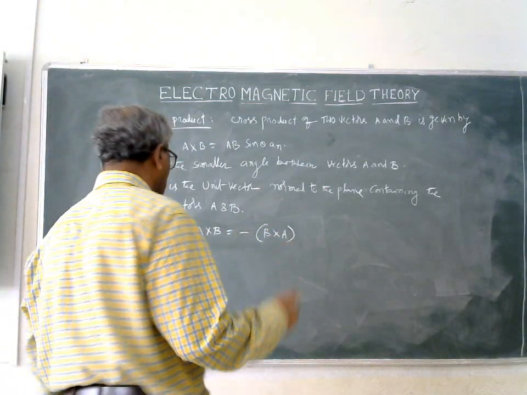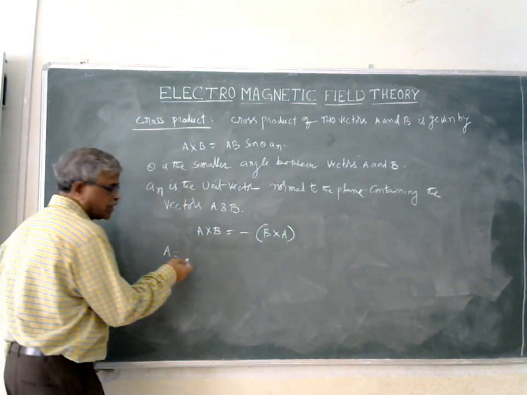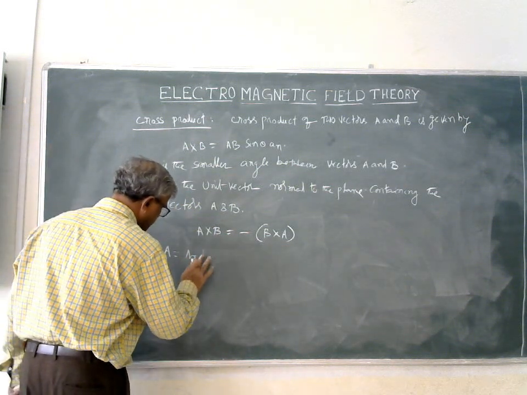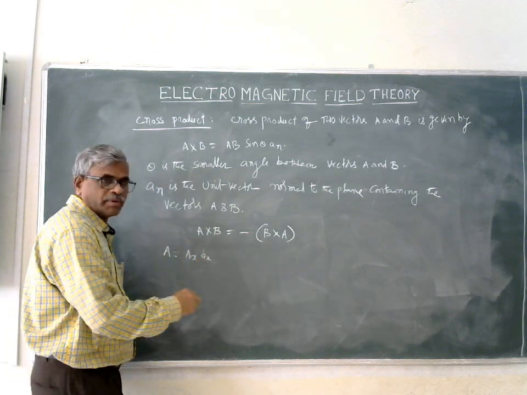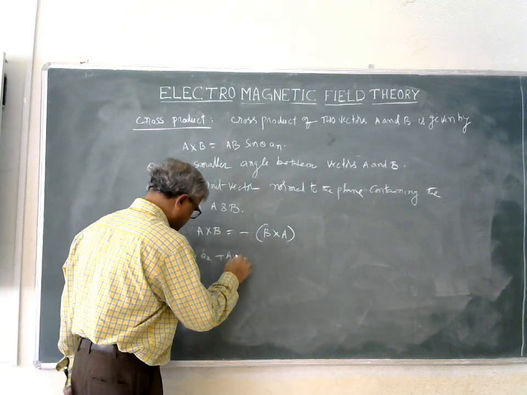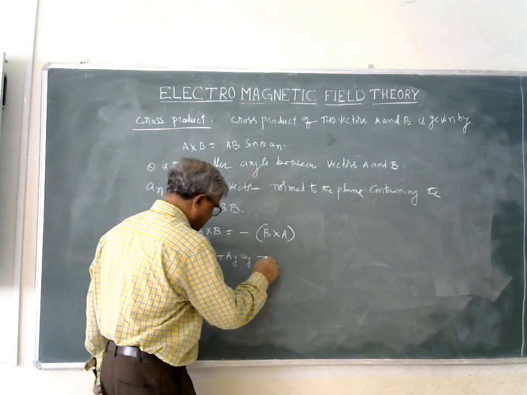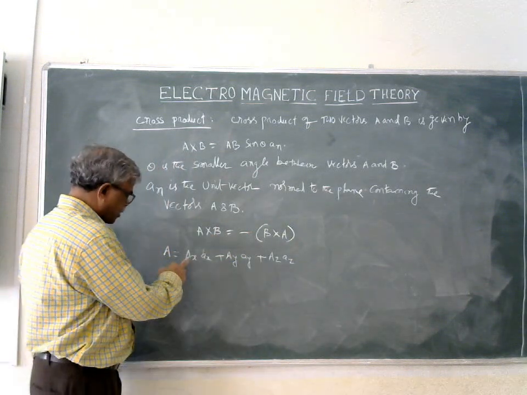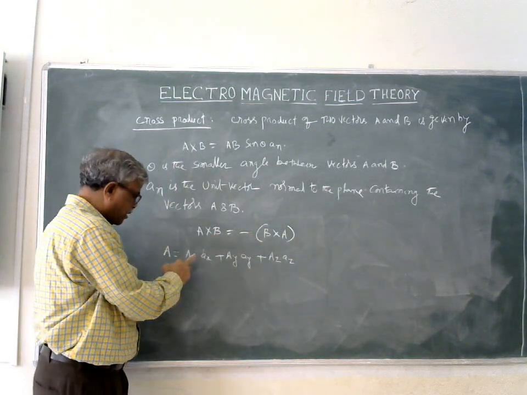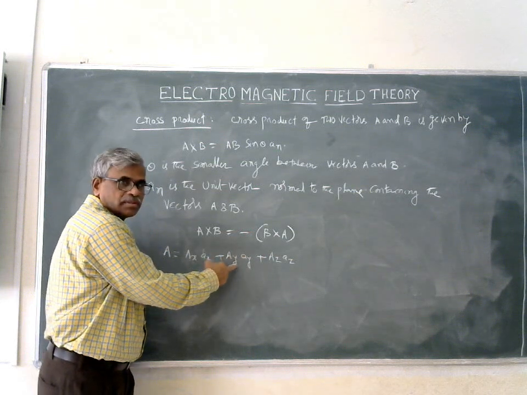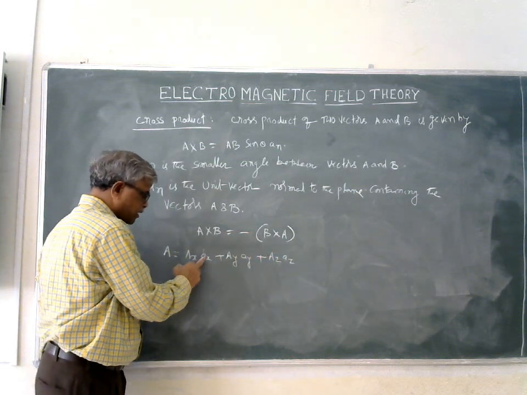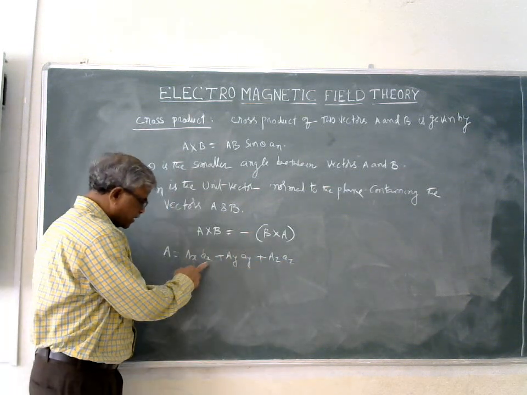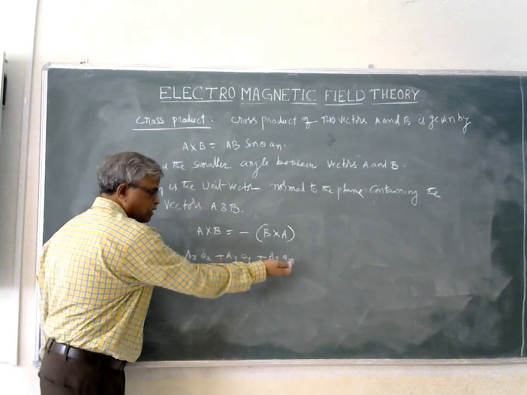A is equal to Ax ax plus Ay ay plus Az az, where Ax, Ay, Az are the components of vector A along the x-axis, y-axis and z-axis, and ax, ay, az are the unit vectors along the x-axis, y-axis and z-axis.